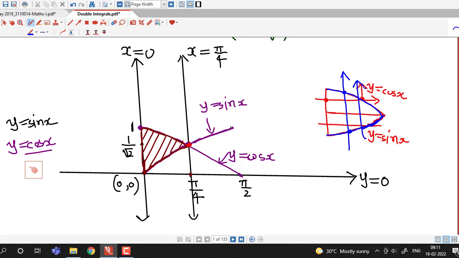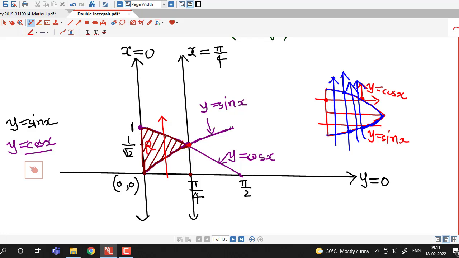If I consider a vertical line in any part of this region, then it will enter on the same curve and it will leave on the same curve. So it is advisable to select order of integration as first with respect to y, so that our work will be reduced. So we consider a vertical line passing through the region of integration.